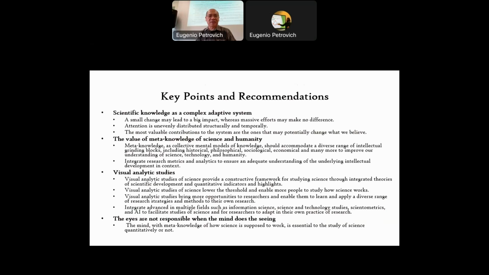So, to summarize, just briefly the key points recap. I think I'm still within that 5 minutes. This is a way to look at science as a complex adaptive system. That means we need to pay attention to the input, but we also need to be aware that not every input is equal. We know that some papers don't make any impact, but some other papers make huge impact.